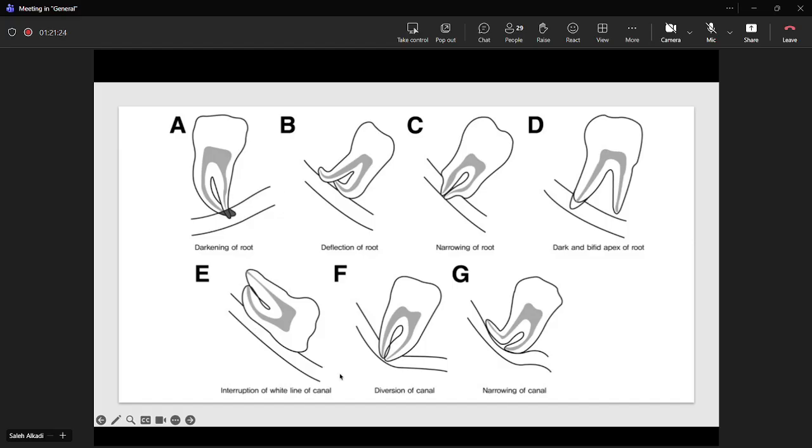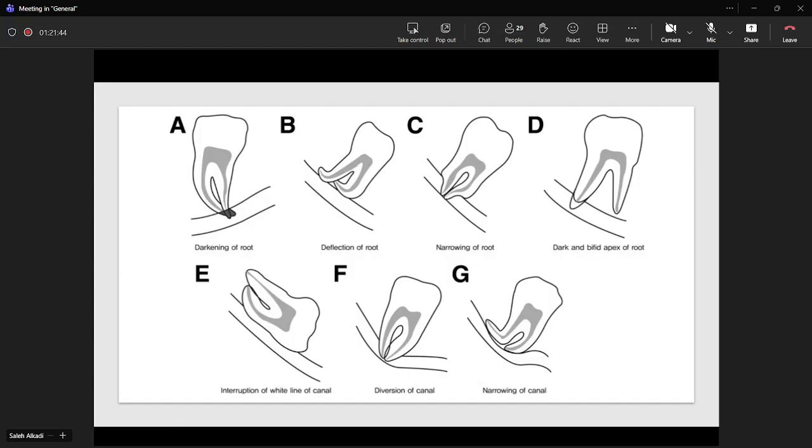While for the canal, there are 3 radiographic signs that tell that there is an intimate relationship between the third molar and the ID canal: interruption of the white lines of the canal, we call them tram lines, diversion of the canal, or narrowing of the canal.